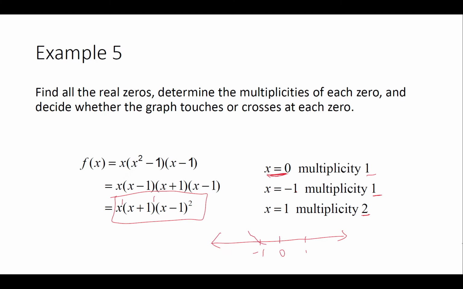Either the graph would look like this, or the graph would look like this. For 0, the same thing happens. For 1, because the multiplicity is 2, either the graph would look like this or like this at that point exactly. That information comes from the multiplicity.